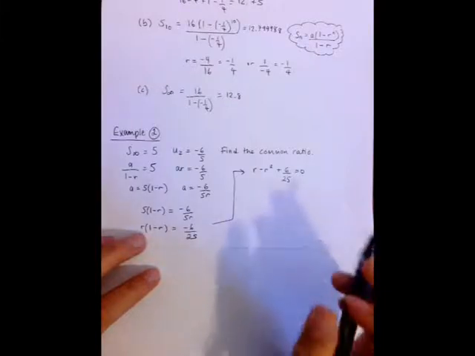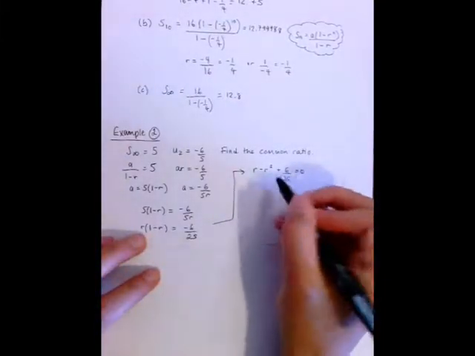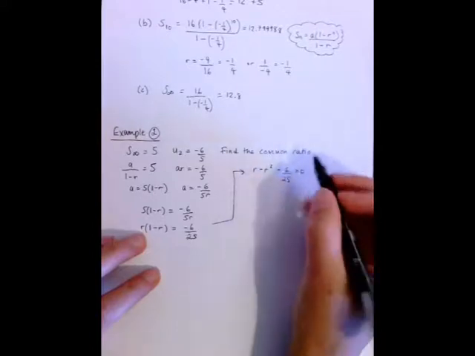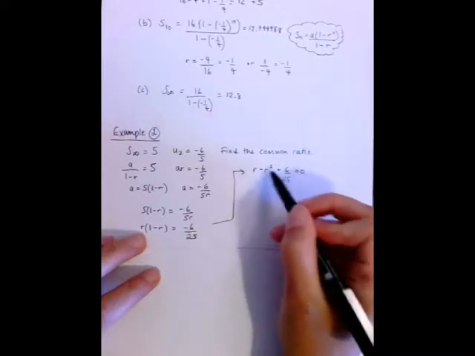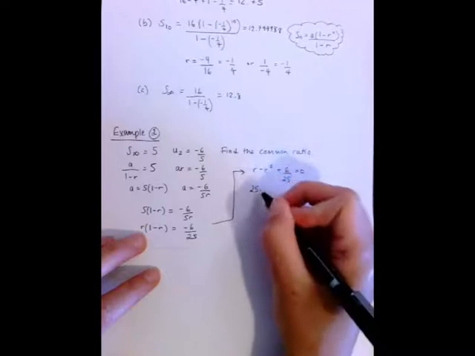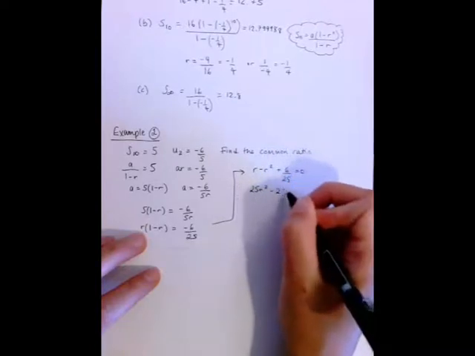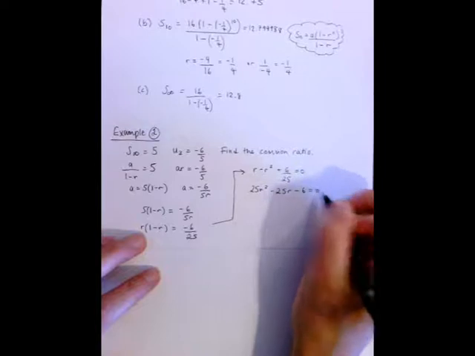Okay, so I'm going to rearrange this a little bit, and I'm going to times through by 25 and times through by -1 to make this positive. So I get 25r squared minus 25r take away 6 equals 0.